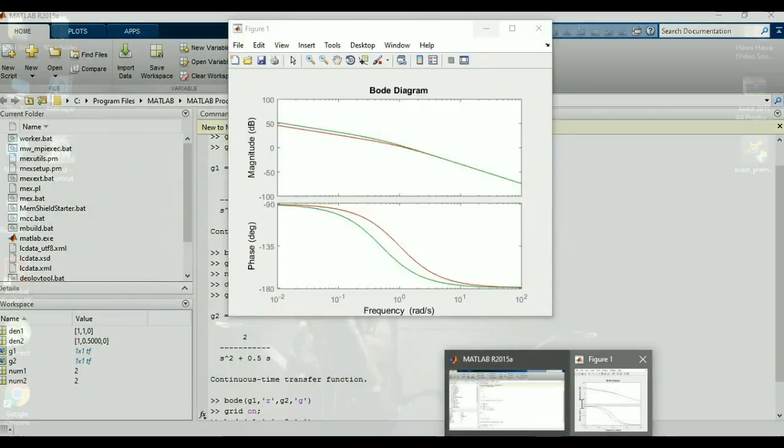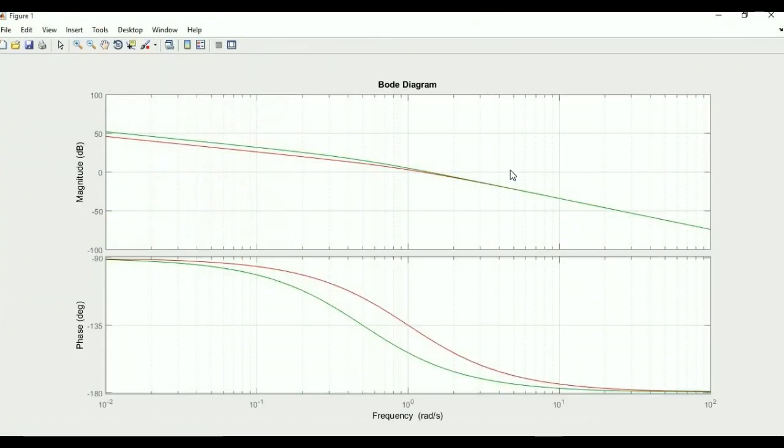So here is the Bode plot of two transfer functions simultaneously. Here you can compare the two transfer functions, and this red line is for G1 and the green line is for G2. You may notice that there is a huge difference between the phases, and this difference is created because I have changed the zeta value in the denominator.